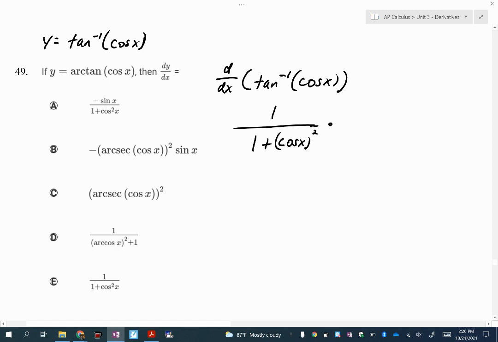And then remember, times, got to use the chain rule, the derivative of the cosine of x, which is negative sine of x. So I have negative sine of x over 1 plus cosine squared x, all right, which is going to be letter A.